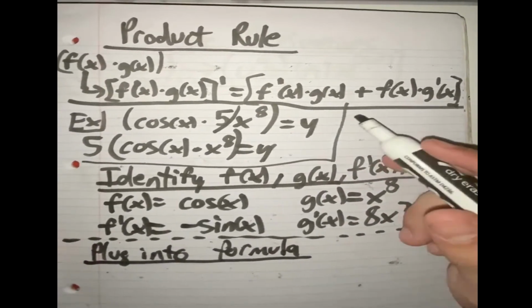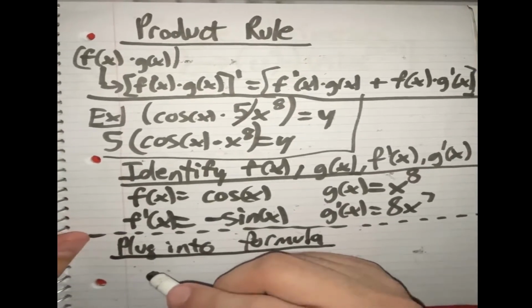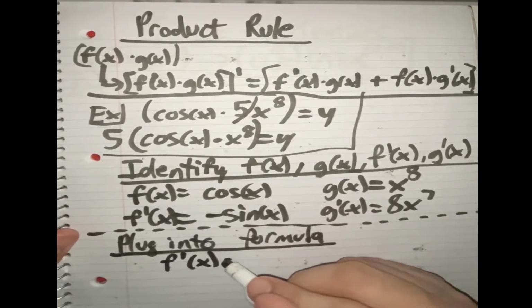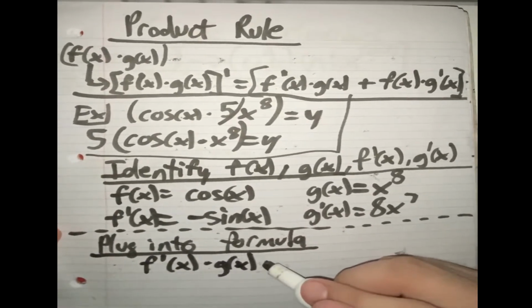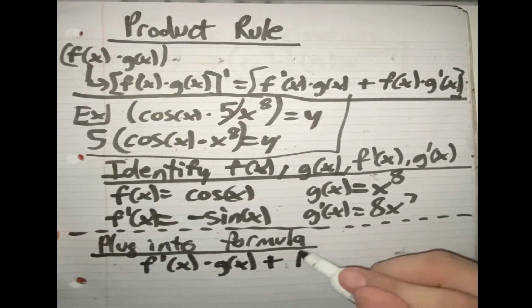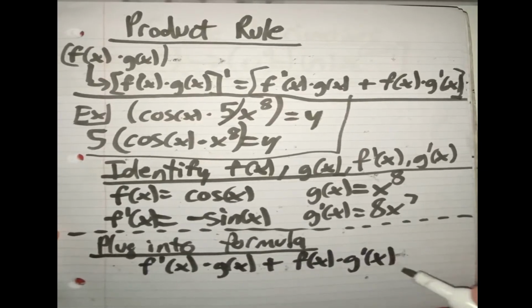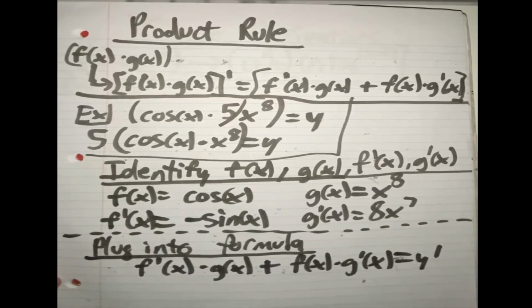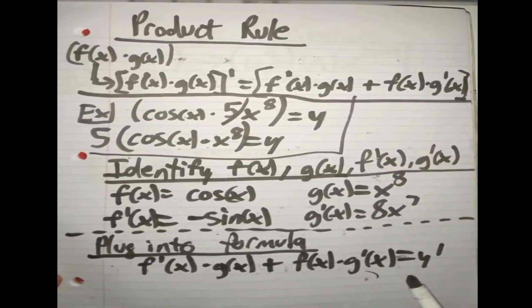We need to understand it, and we simply just plug in the terms. So the formula is, I'm going to go ahead and write it down again down here: f prime of x times g of x plus f of x times g prime of x. All this is equal to y prime. The derivative of this function is equal to this formula.